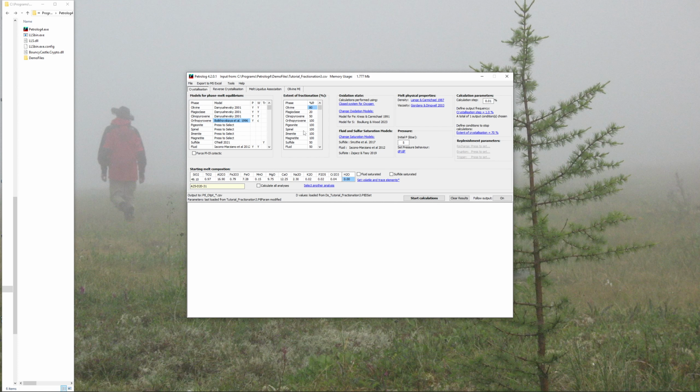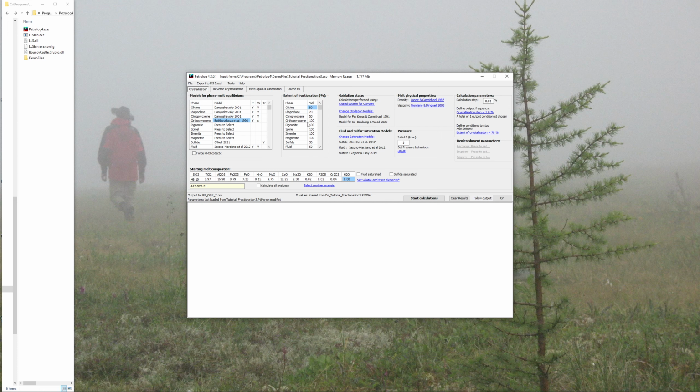We also defined variable extent of fractionation, so some proportions of the minerals will be remaining in the magma together with the melt, and then the other part of those minerals will be moved into the cumulate.